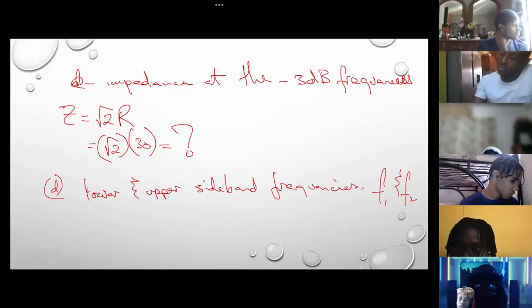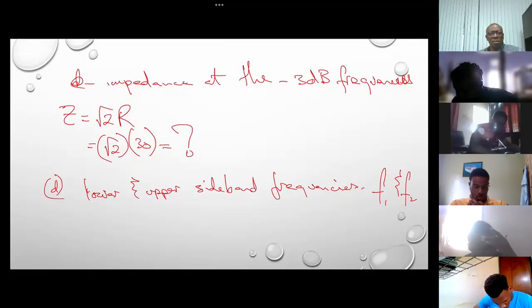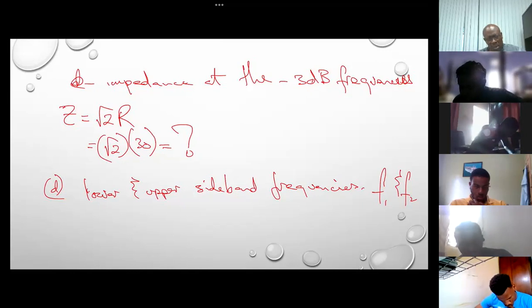Sir, could I use the quadratic formula, sir? Use the what? Quadratic formula, which said omega 1 equals minus R over L plus or minus the root of (R over L) squared minus 4 LC over 2, all over 2.